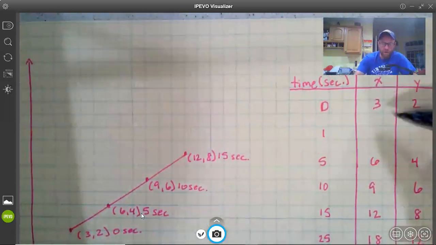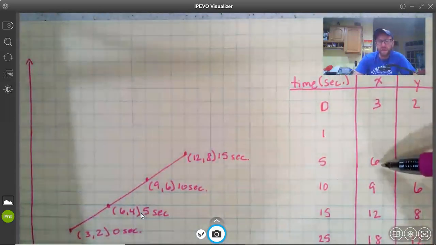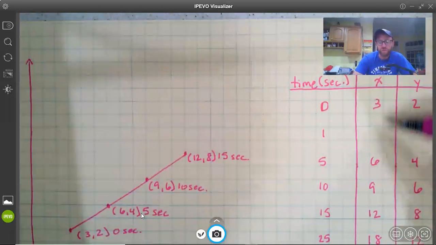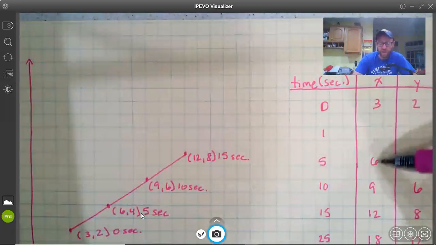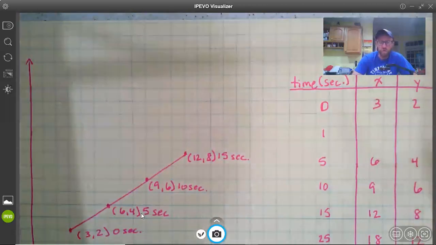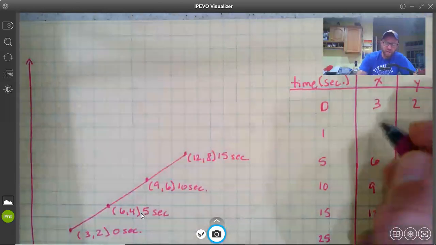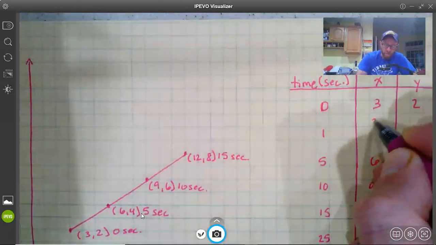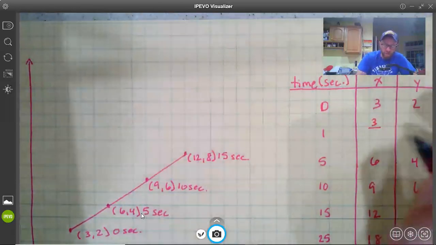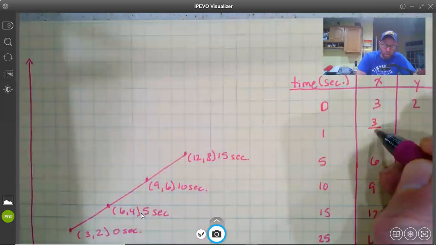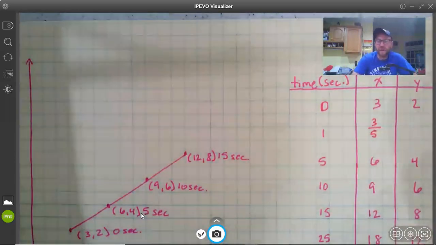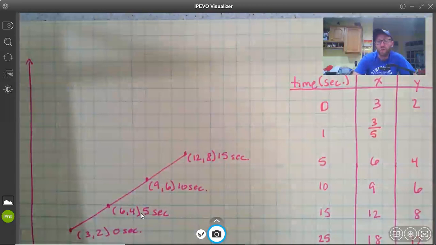The bug goes from 3 to 6 in 5 seconds. So the x coordinate increases by 3 units in 5 seconds. So we would assume he's going at the same rate all the time. So from 3 to 6, that's 3 units per 5 seconds, which is 3/5 of a unit per second.